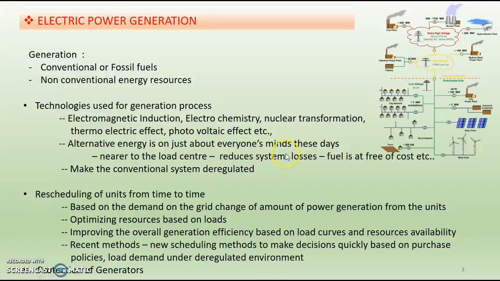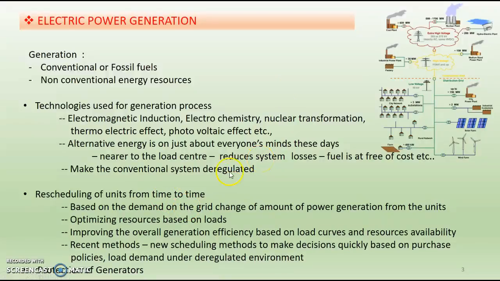It can be installed at the domestic level also, reduces the system losses, and fuel is free of cost, etc. Nowadays, this conventional system is becoming a deregulated system because of these non-conventional energy resources that are entering into the generation scheme.